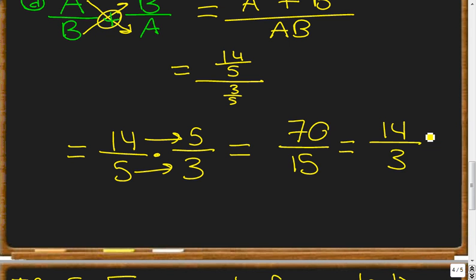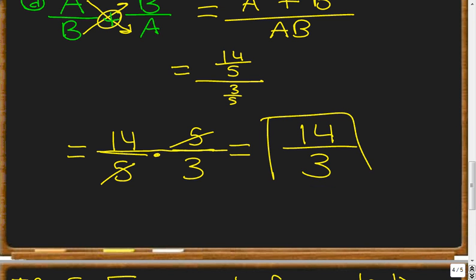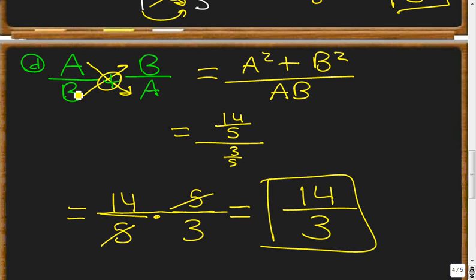Or we could back up and see, hey, if this is really one big fraction, if I'm multiplying by 5 on top and bottom, I can just get rid of that and see that this is just 14/3. So even though we don't know what a over b is and what b over a is, we can use what we know about algebra in order to break it down into things that we do know.